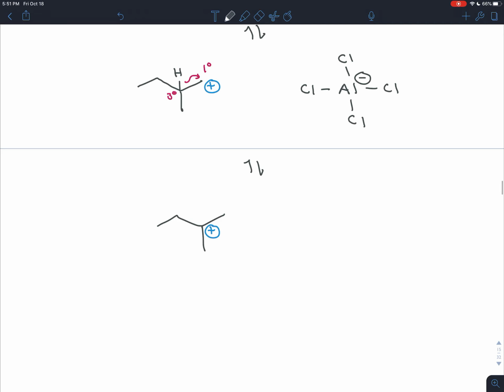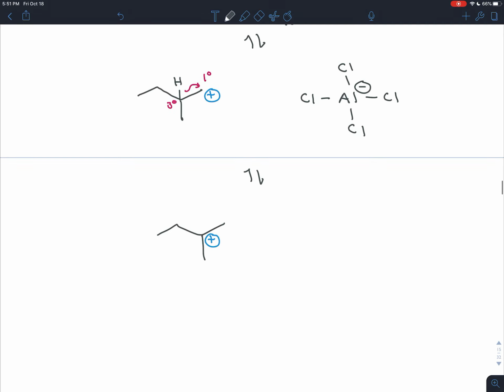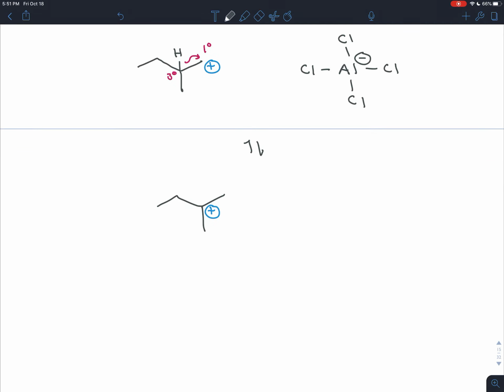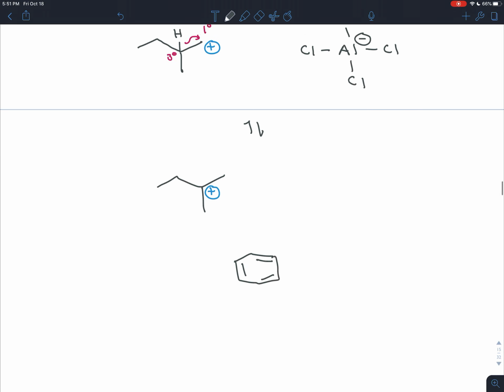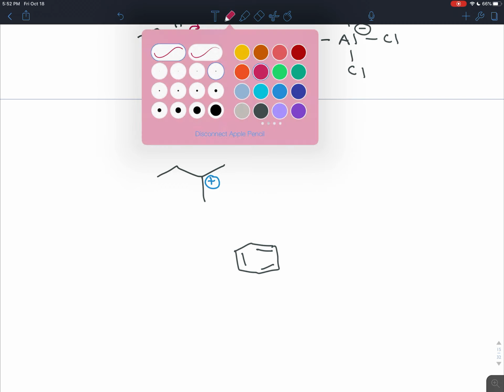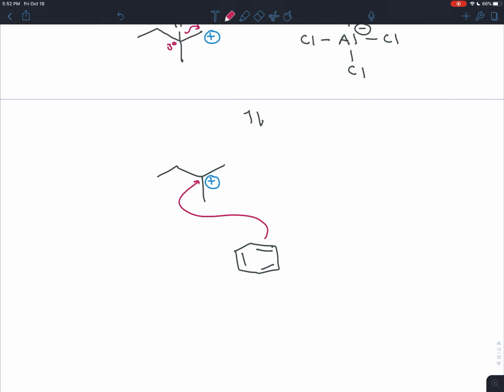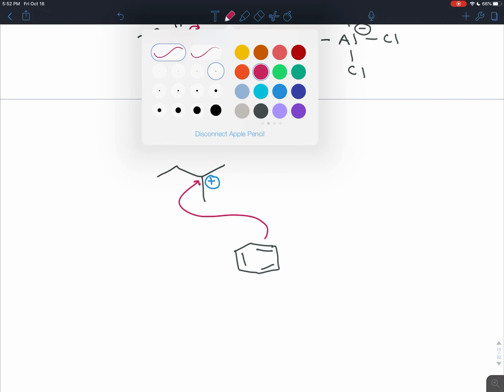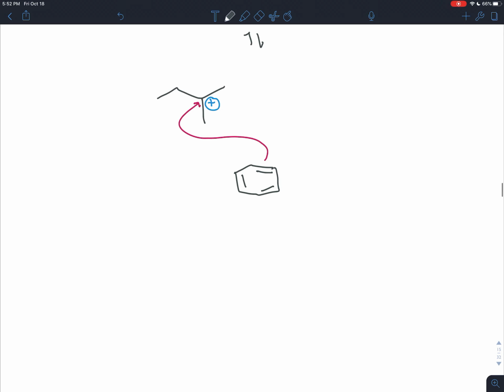That's our awesome electrophile at the most stable carbocation. And so now we can react that with benzene. Benzene is our weak nucleophile that can attack this strong electrophile. Let's keep track of this hydrogen on this benzene carbon.